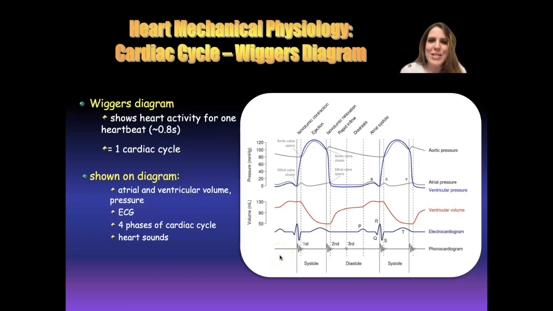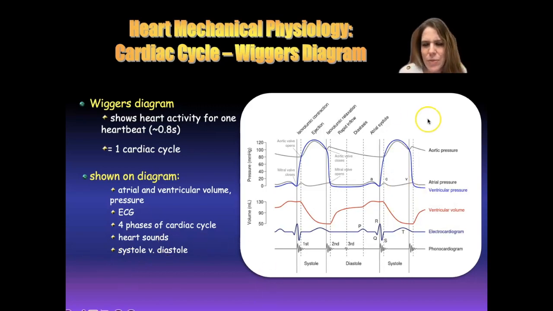When you put all this together, it's really interesting to see how the electrical activity, the mechanical activity, and the sounds of the heart all fit together. Related to these phases of the heart, you're going to be able to really see where the heart is in systole, especially the ventricles, versus where it's in diastole.